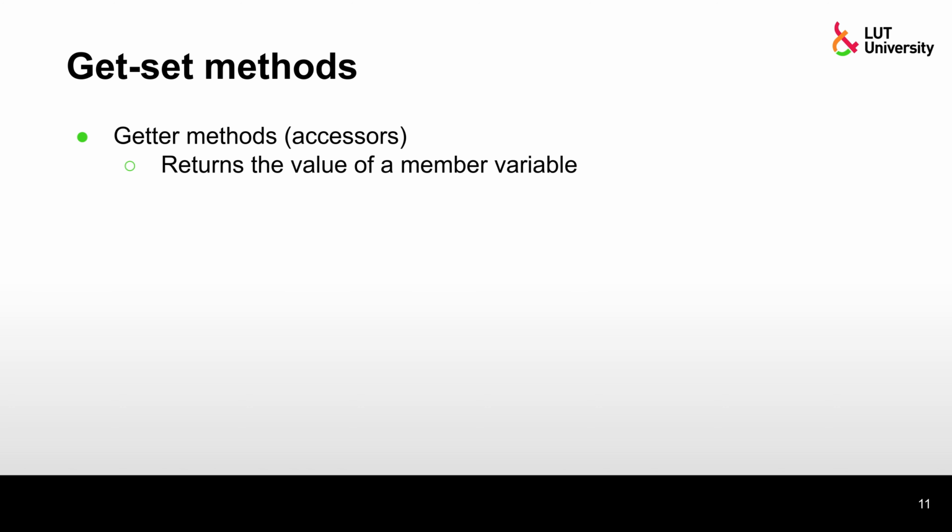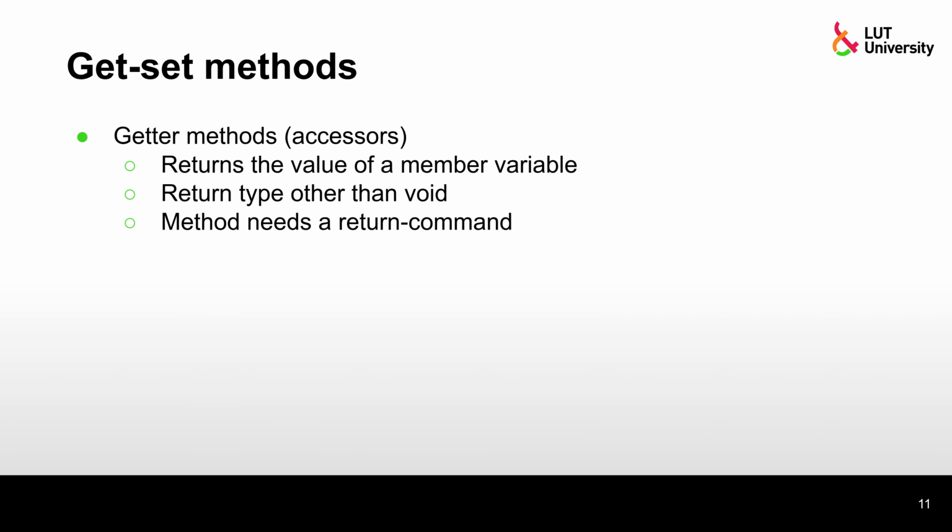Then a few words about get and set methods. So basically we have getter methods which are accessors. They are returning the value of a member variable, and the return type is of course something else than void. The method needs a return command, of course, because it's returning something, and the name begins with get.